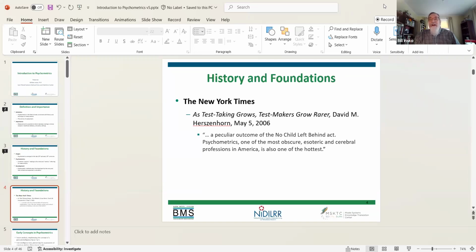I like this not only because of that, but also because it's yet another reason why psychometrics is so hard to put your finger on. It is obscure, it is esoteric. There's not one paradigm, there's not one theory. There's a bunch of them, and you can consider these tools that you can use. There's a variety of different methods, techniques, and tools, and we're going to be covering the most important ones today.